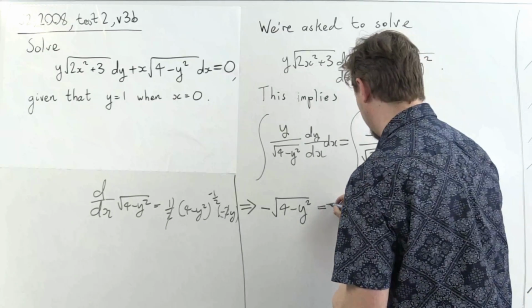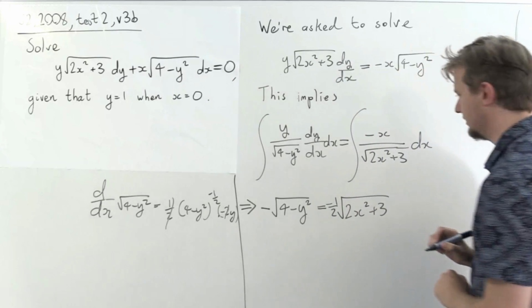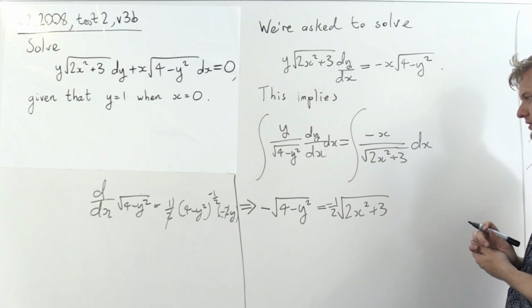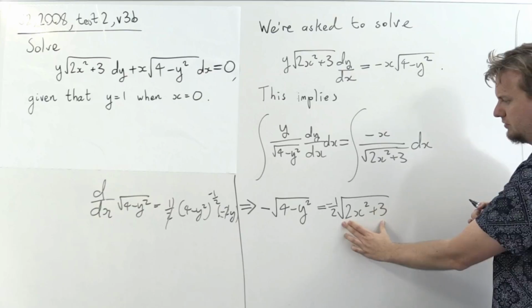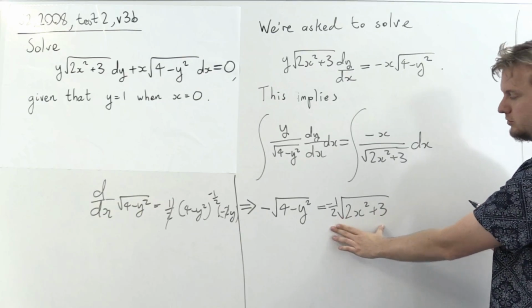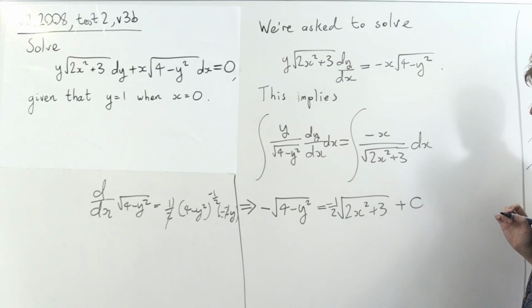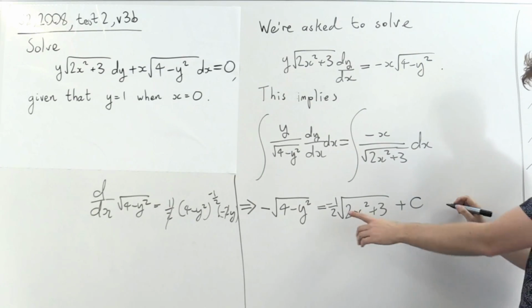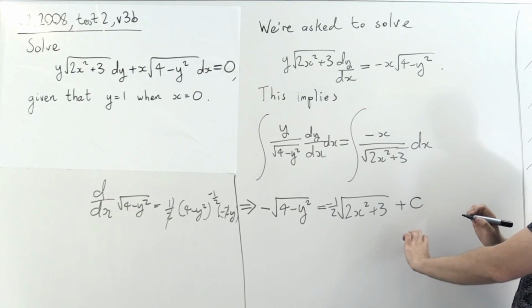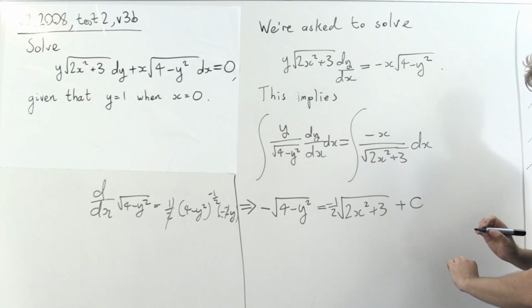I don't want a 2x, I just want a minus x, so I'm going to fix it up with minus a half. Again, you can just take the derivative of this now, and you can show this does work. And since there was an integration done, there is a constant of integration. So this is a nice general equation governing this system.